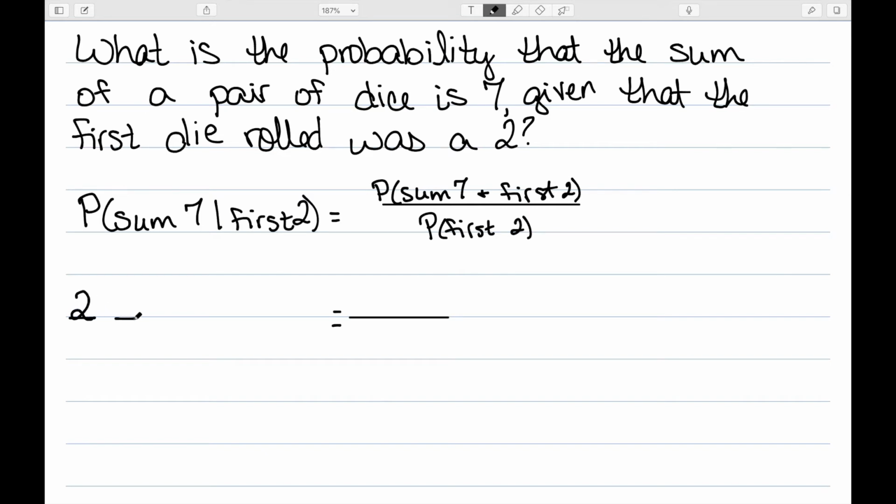We need the first one to be 2, and we need them to add up to be 7. So there's exactly one way we can do that out of a total of 36, since there are 36 possible ways to roll 2 dice. On the denominator, we're just talking about rolling the first die, a 2, and that's 1/6. So we have 1 over 36 times 6 over 1, which is 1 over 6. There's a 1/6 chance that we roll a 7, given that the first die rolled was a 2.